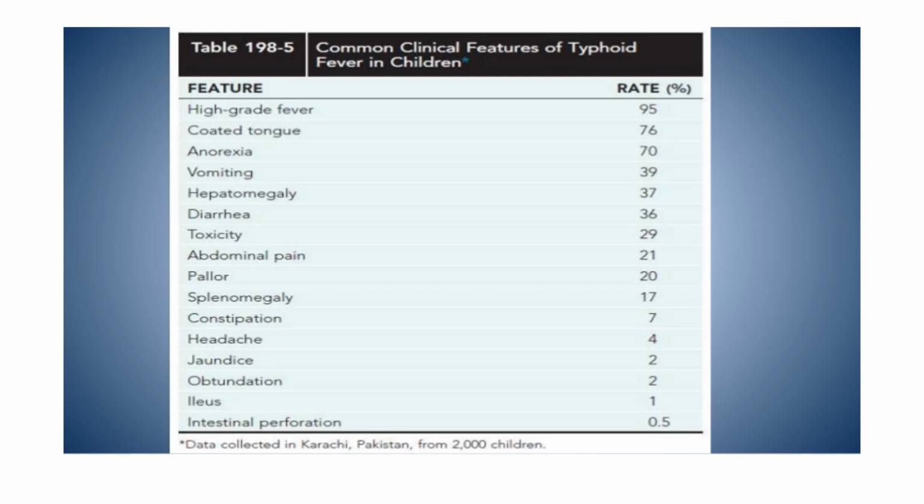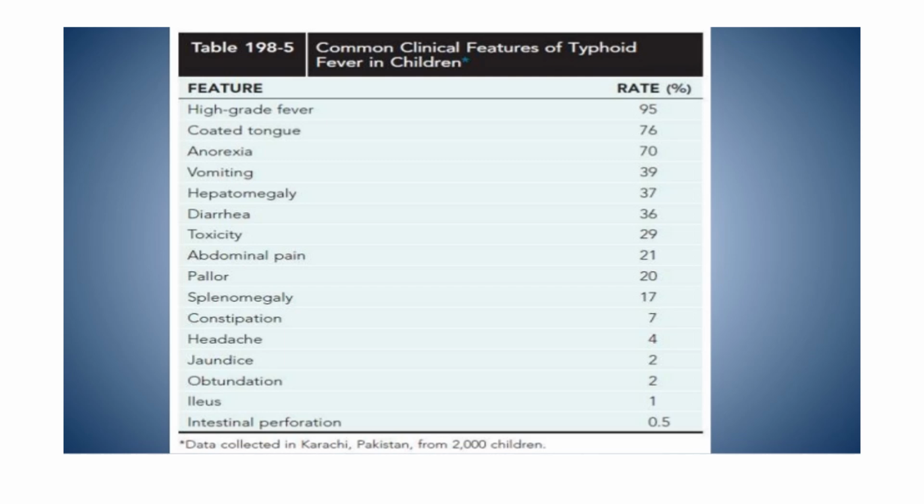So here are the common clinical features of typhoid fever in children. This shows the frequency of involvement of different signs and symptoms, and this study was conducted at Karachi on 2000 children. The common presentation in all the children with typhoid fever is high grade fever, coated tongue, anorexia.